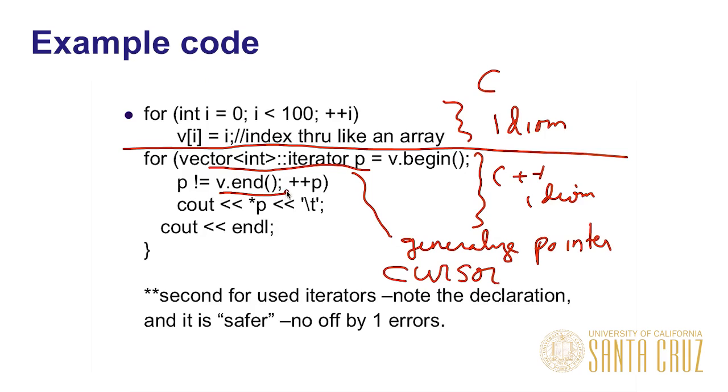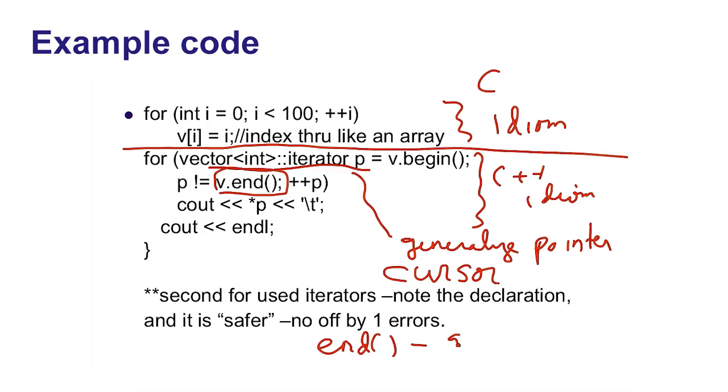We have these special functions, begin and end, so that end is always sort of the sentinel. So end identifies where we are finished with our computation, where we're finished with our sequence.